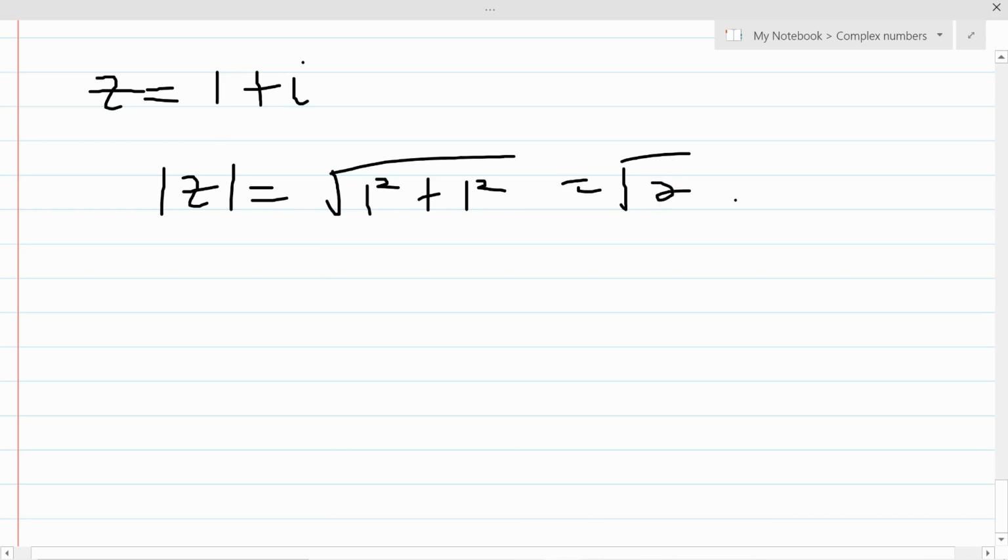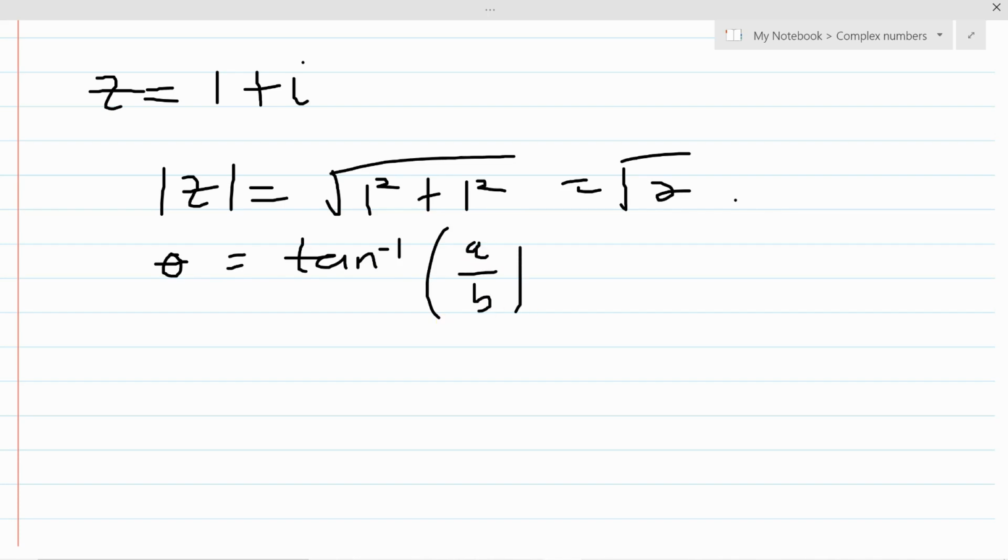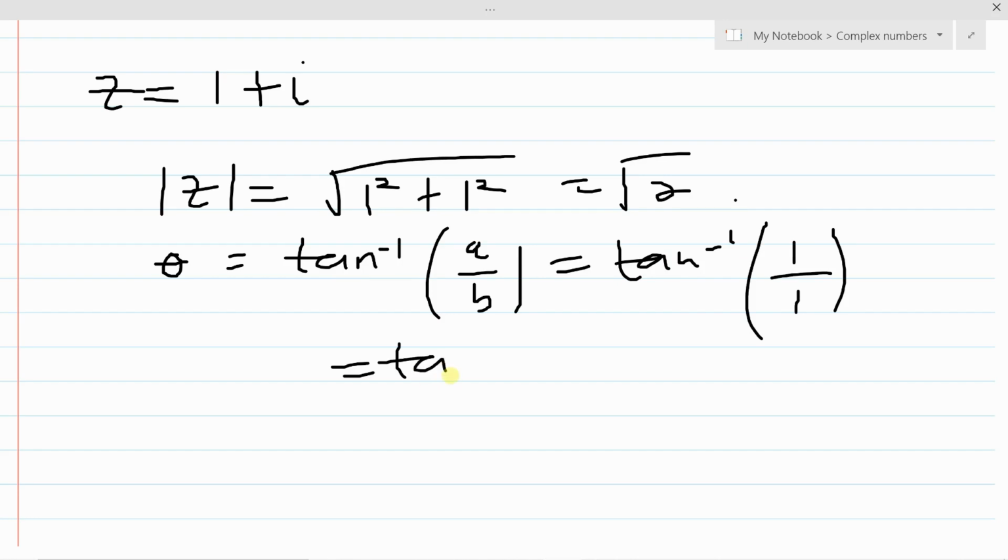Now we are saying that the angle of this is tan inverse of y over x, or a over b. It can be like that, and this is equal to tan inverse of what? Our a is 1, our b is 1, and this is tan inverse of 1.